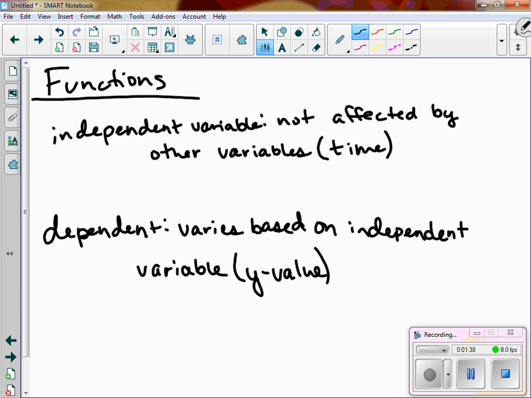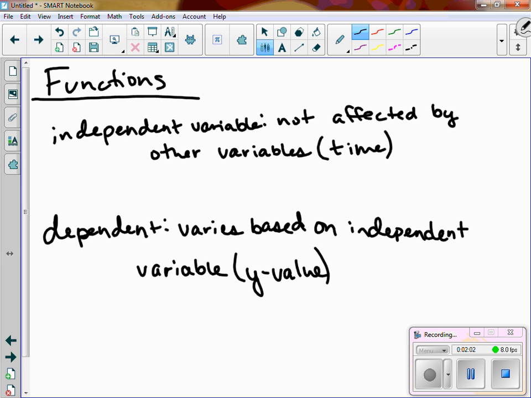So for instance, hours, that's time. If I get paid dollars per hour, the dollars are dependent upon the number of hours that I work. So our hours, aka time, is going to be our independent variable, and our dependent variable is our dollars, because we need to know how many hours we worked in order to get paid properly.